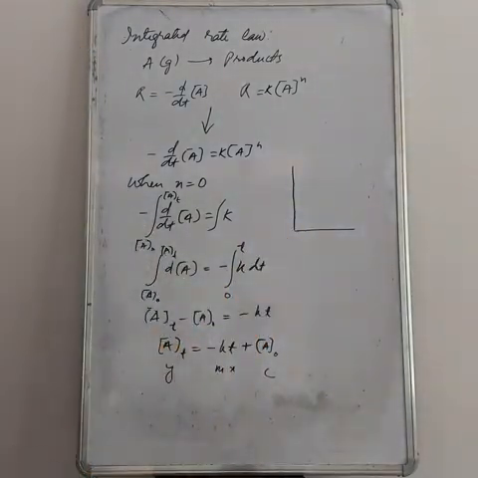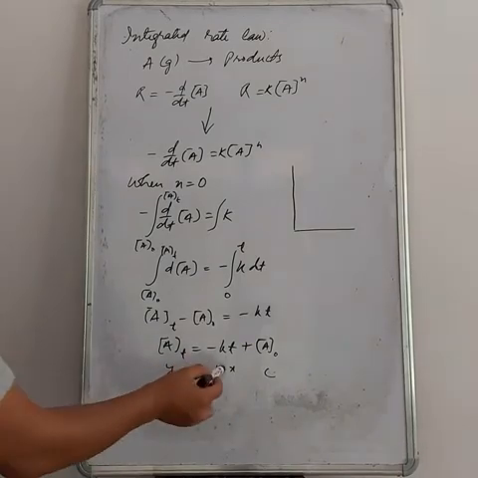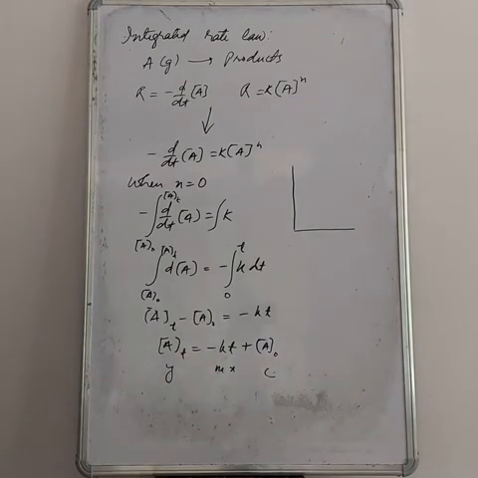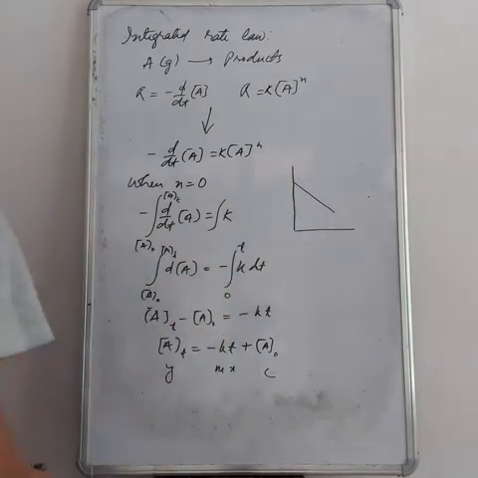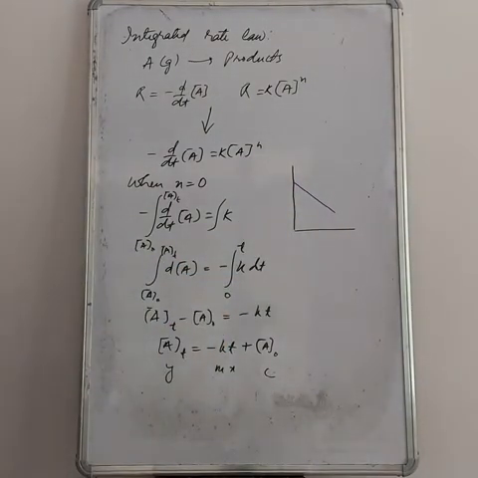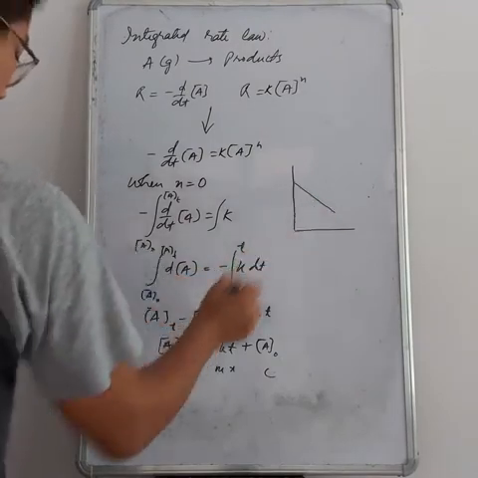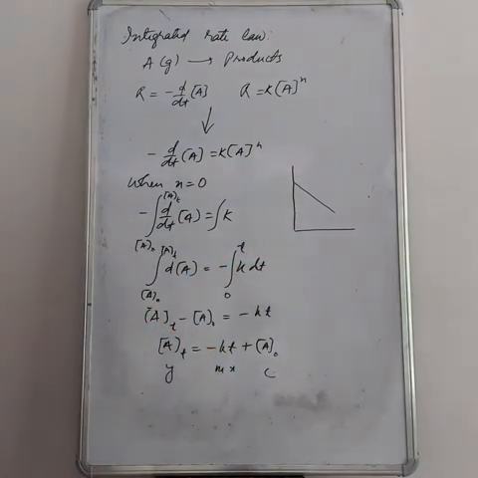Since the slope m is negative, we'll get a straight line but a negative slope, because the sign is negative here.